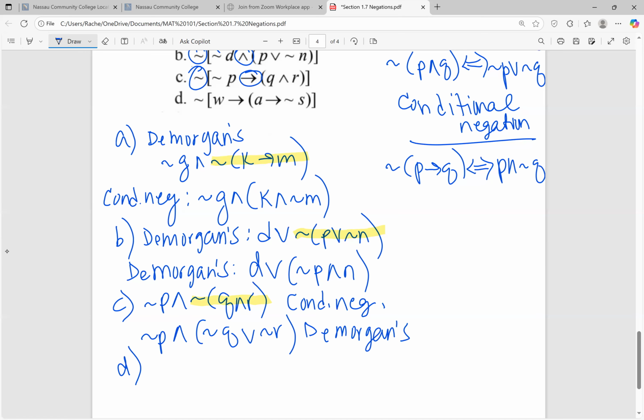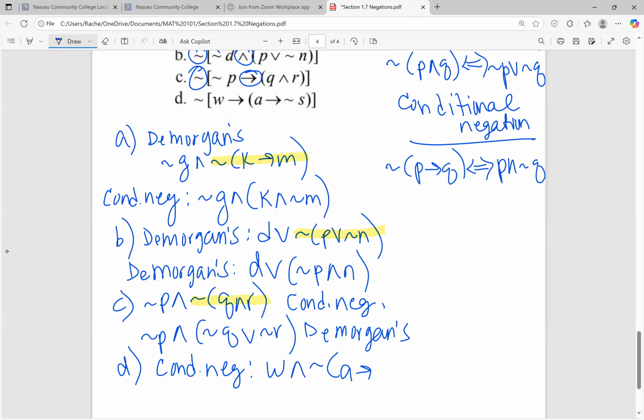And we'll do one more. So for D, we're negating a conditional again. So we're going to use the conditional negation equivalence. So leave and negate. So if we use the conditional negation, we're going to have W and now negate the right-hand side.